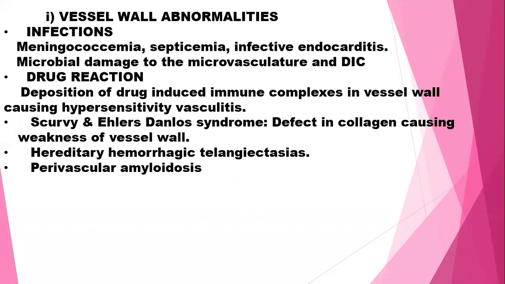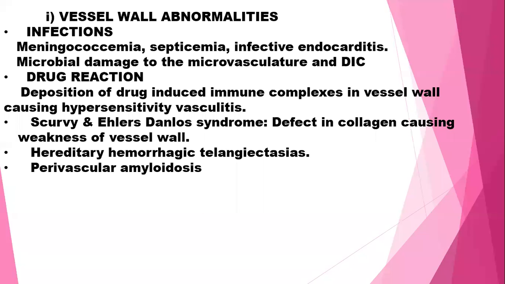The first class of diseases, number 1, is the vessel wall abnormalities. Majority of major infections like meningococcemia, septicemia, infective endocarditis can lead to bleeding disorders, through microbial damage to the microvasculature and DIC.